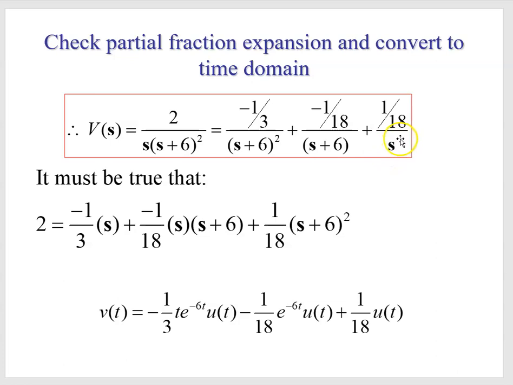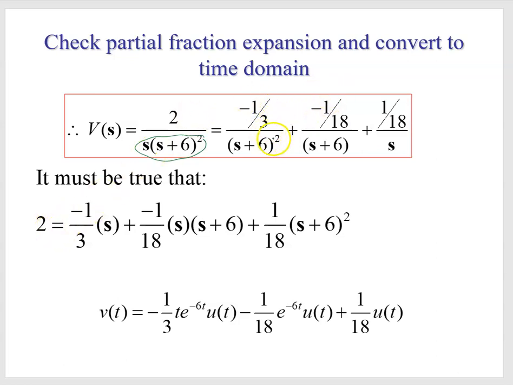But let's look here at a check that we can also use when we're in frequency domain, before we do our inverse Laplace transform to time domain. We can take this here, and if we multiply both sides of the equation by s over (s plus 6) squared, then that should all equal 2.